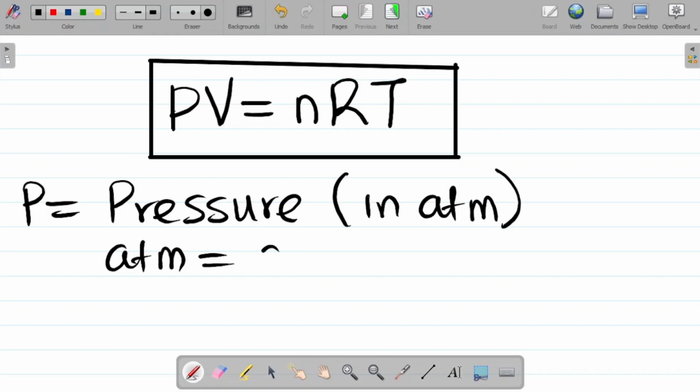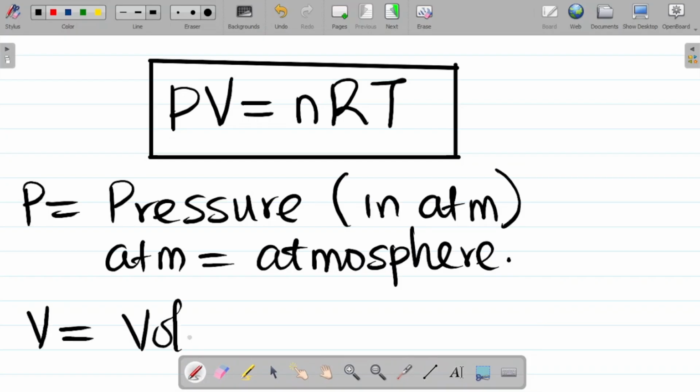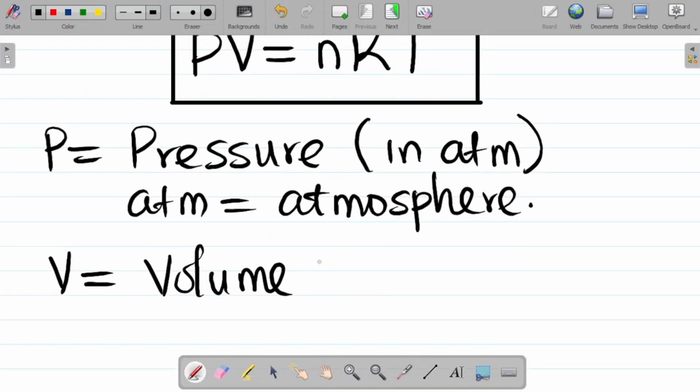ATM equals atmosphere. That's it. V is equal to volume, and volume in this case is measured in decimeter cube.